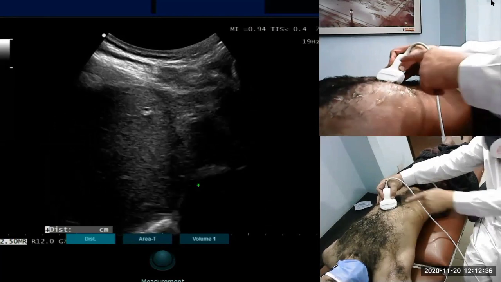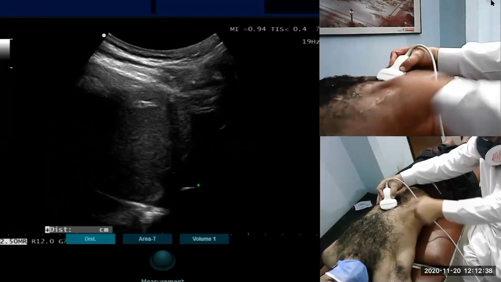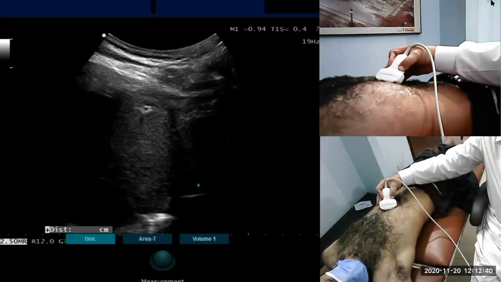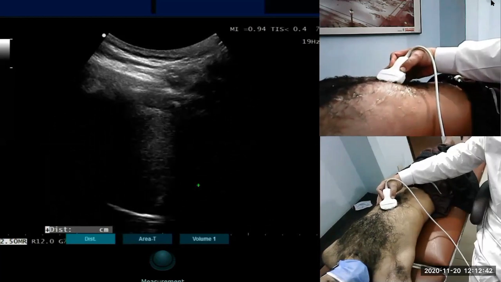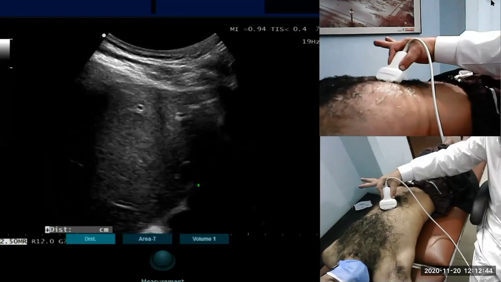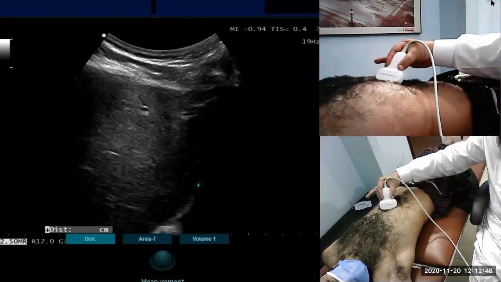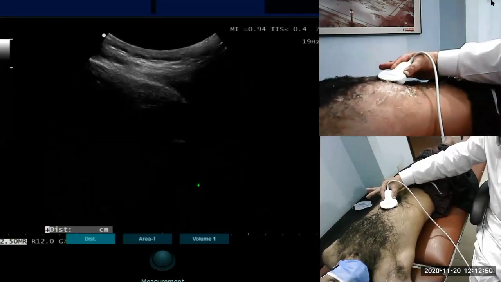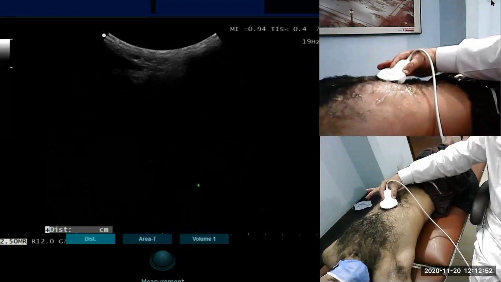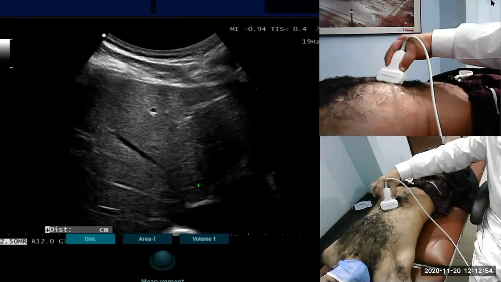And my probe is facing the right shoulder. I am facing the right shoulder. My fingers are above. You can see my hand is not touching, but slowly I will go like this. And then I will rise.